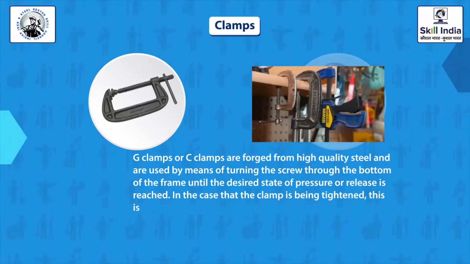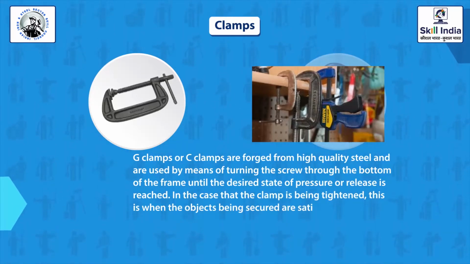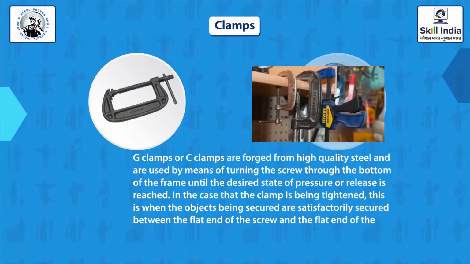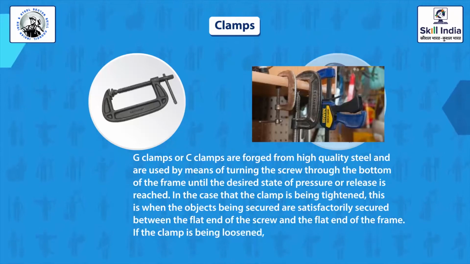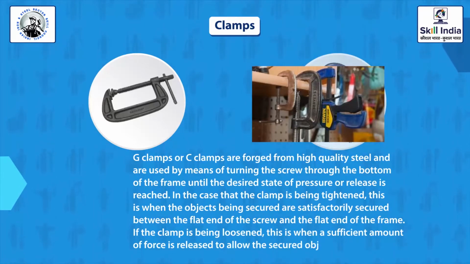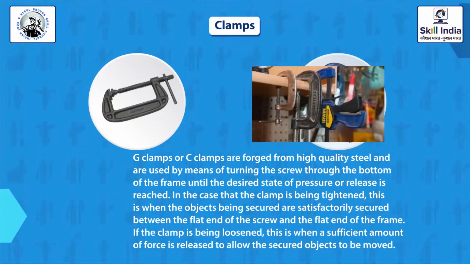In the case that the clamp is being tightened, this is when the objects being secured are satisfactorily secured between the flat end of the screw and the flat end of the frame. If the clamp is being loosened, this is when a sufficient amount of force is released to allow the secured objects to be moved.